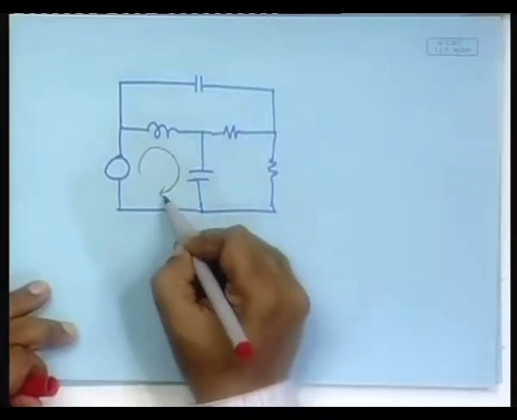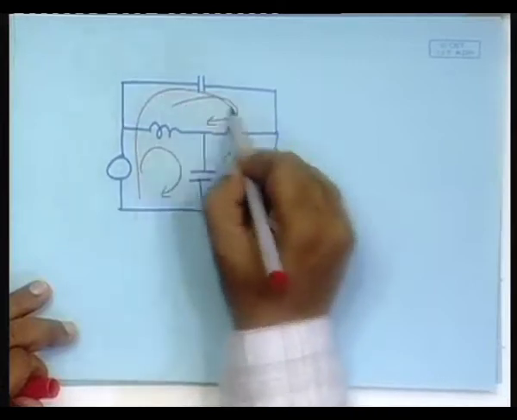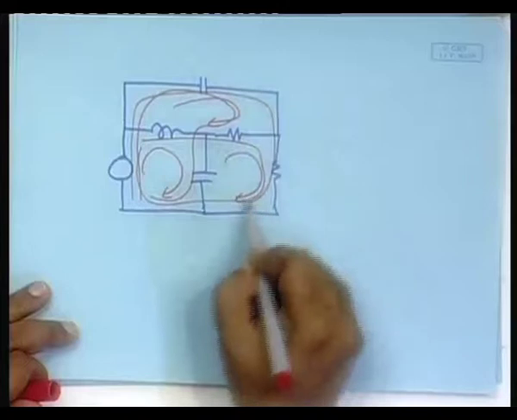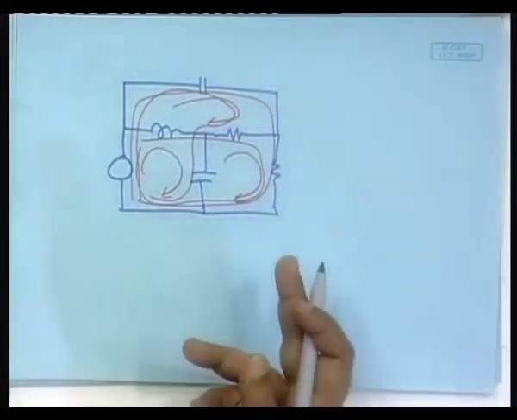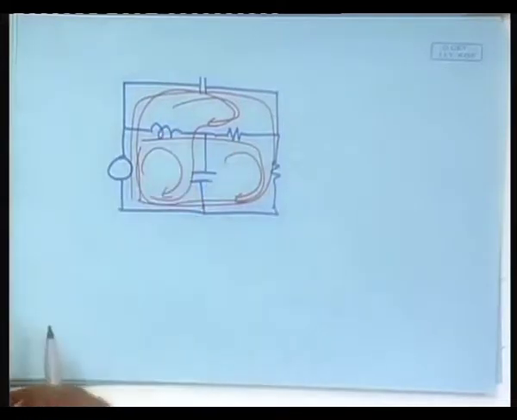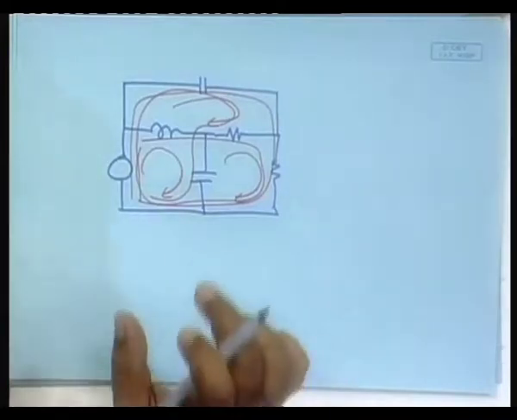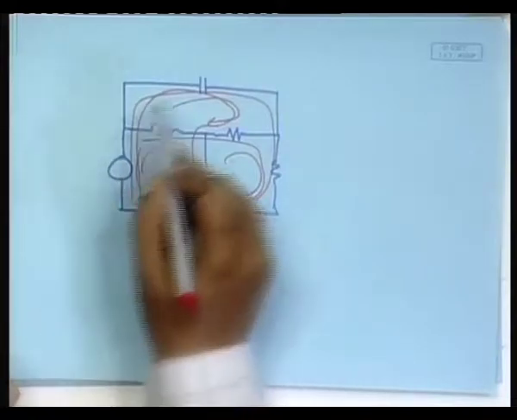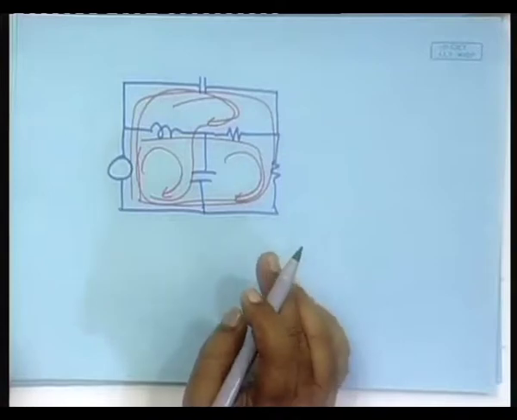This is a loop, this is a loop, this is a loop, all these are loops, and along all these the total voltage should be 0. So, that is point number 1, that Kirchhoff's first law, the voltage law, says that around all the loops the total voltage should be 0.